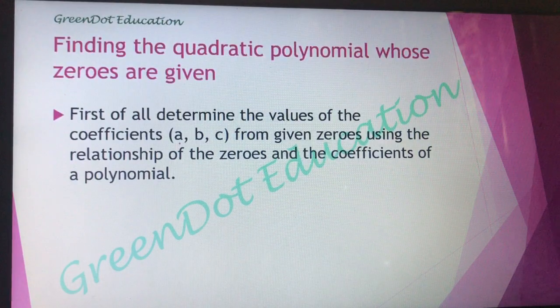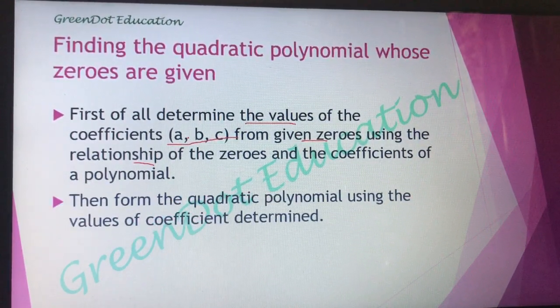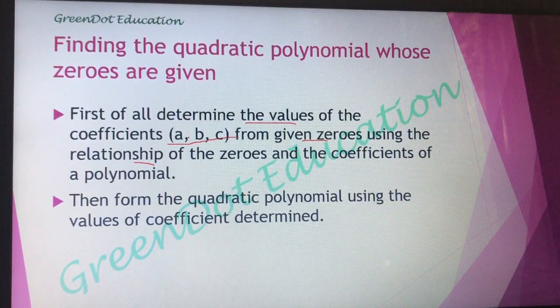We have been given the zeros, and using the relationship of zeros and the coefficients of the polynomial, we determine the values of these coefficients. In the second step, we form the polynomial using the values of coefficients that have been determined in the first step.